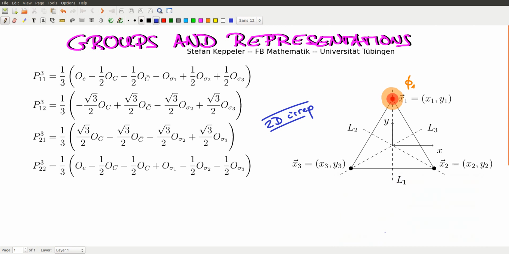Here are our generalized projection operators for the 2D irrep, and now we want to apply these to phi 1. So P^3_{1,1} applied to phi 1. That's 1/3. Now the identity just leaves the phi 1 invariant, as it leaves everything invariant.